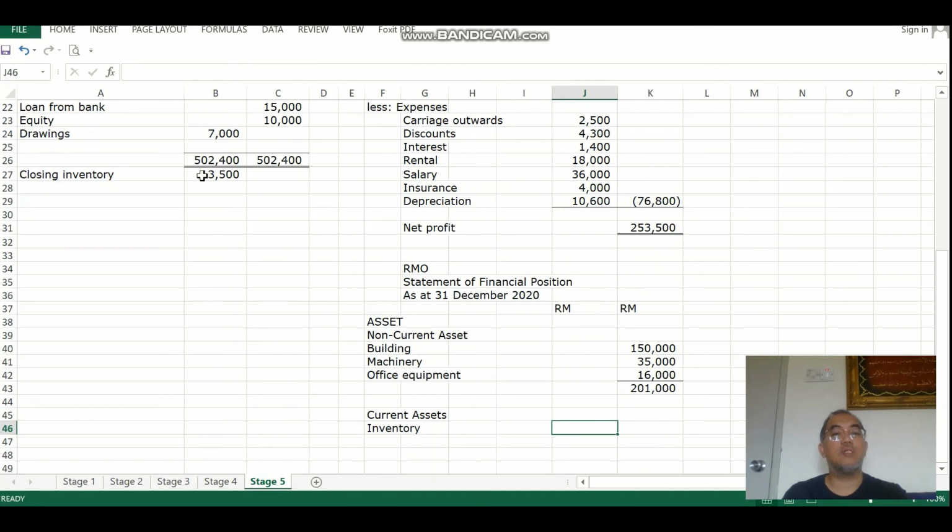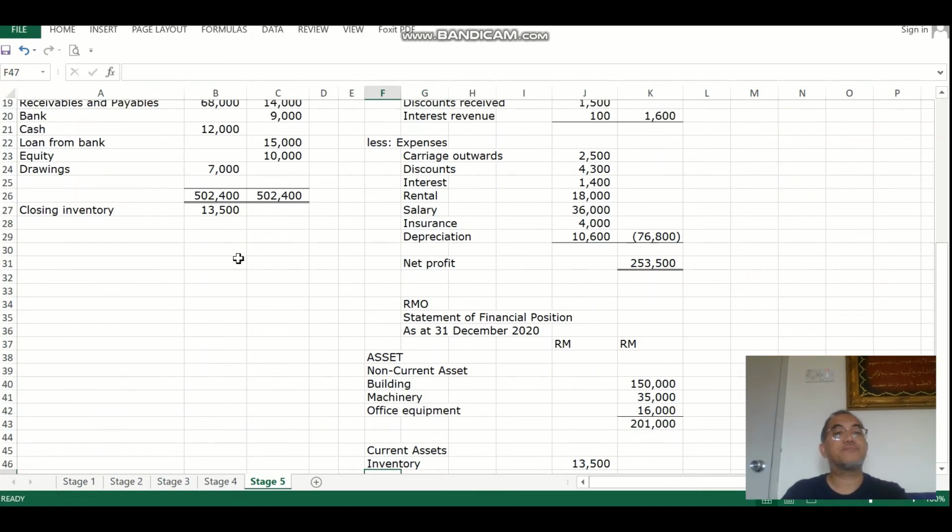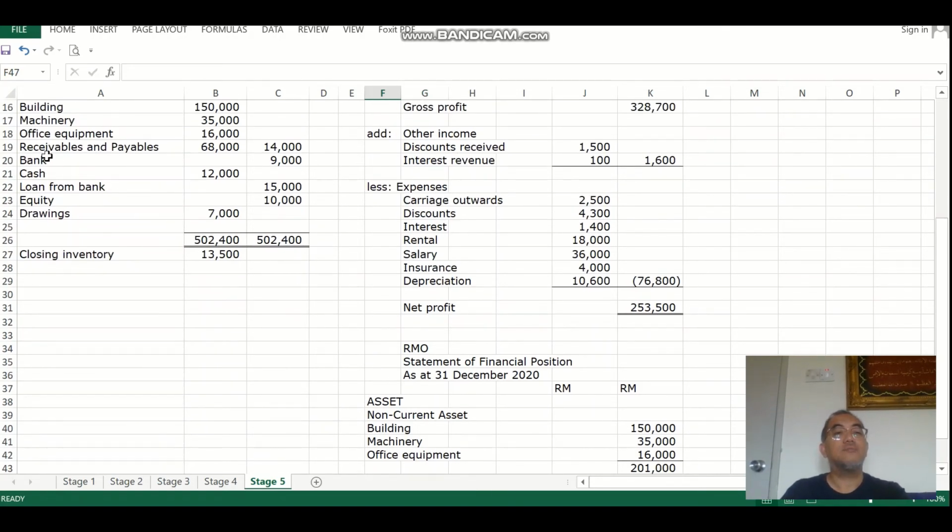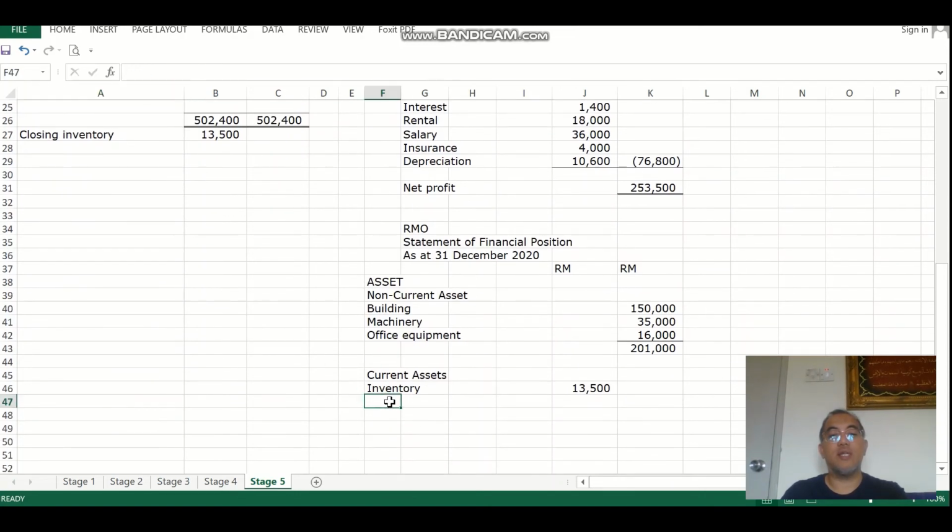This one. This is closing inventory because you are doing as at 31st December. Of course, you close at 31st December, and it is 13,500. And then receivables, bank, cash.